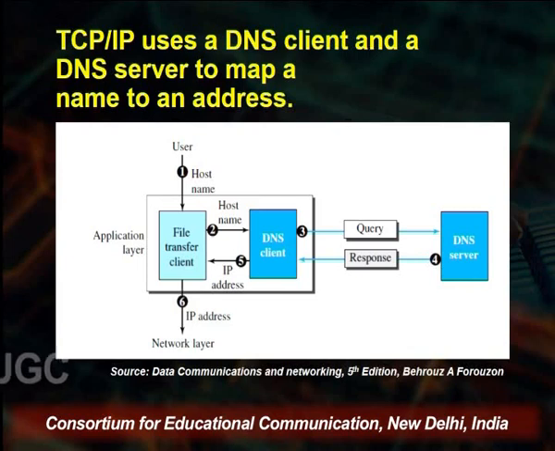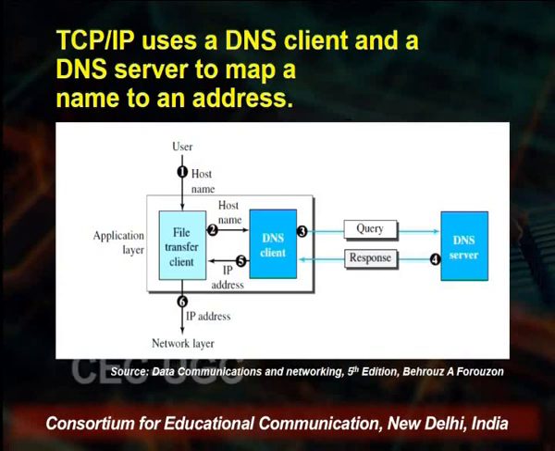The file transfer client then sends this host name to the DNS client. Both the file transfer client and the DNS client are application layer services. This DNS client then sends a query with the host name to the DNS server to find out the corresponding IP address for the host name that the user has given.